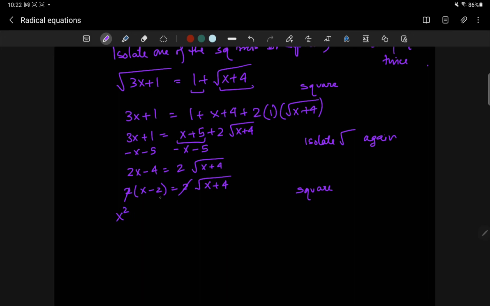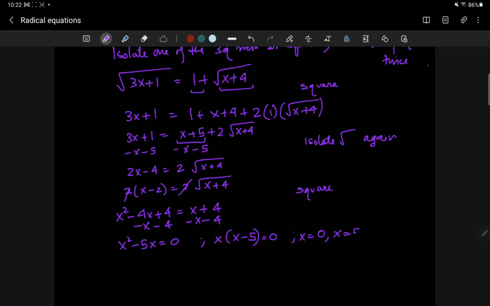So now this reduces to our previous problem, right? It's a square root and then equals some x terms. So this is x squared minus 4x plus 4 equals x plus 4. Subtract x, subtract 4, subtract x, subtract 4. x squared minus 5x equals 0, which gives x times (x minus 5) equals 0, which gives x equals 0 and x equals 5.